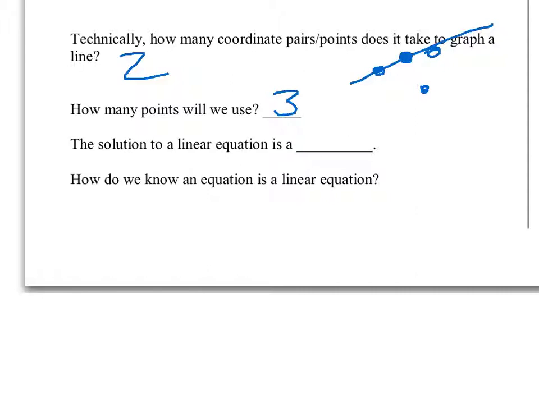Malcolm, help her out. That is one solution, but I'm talking about the global solution. It's not just a coordinate pair, it's a line. That's a very important distinction. Solution to a linear equation is a line.